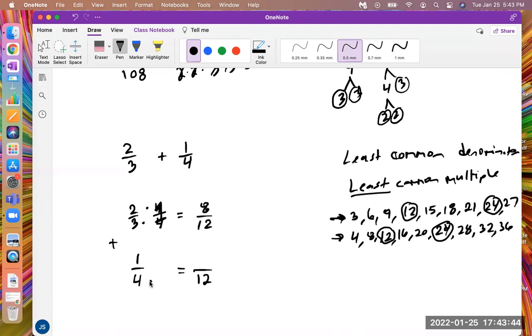And I know that's really hard for some students to wrap their mind around, that 2/3 is equivalent to 8/12. And I think that's why fractions are hard for students, because they just don't mesh with the things that we do with whole numbers.